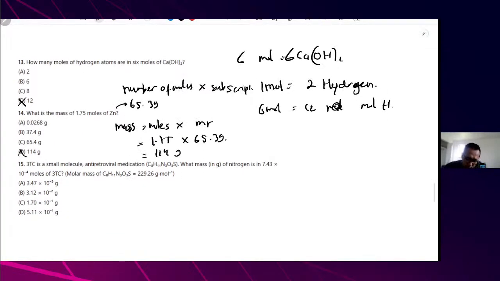Okay, 3TC is a small molecule, an antiretroviral medication. What mass in gram of nitrogen is in 7.43 of 3TC? Molar mass is this one. The question is asking about what mass. This is the mole one, so we're already getting the mole.